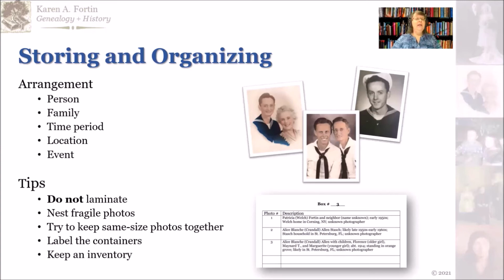This way, later on, when you want to get your hands on one of those photos to look at it again, you can look through the inventory and know exactly where to find it, so that you don't have to open up the different containers and sift through to look for it. Again, you want to try and minimize the amount of handling that you do to the photos in order to keep them preserved.